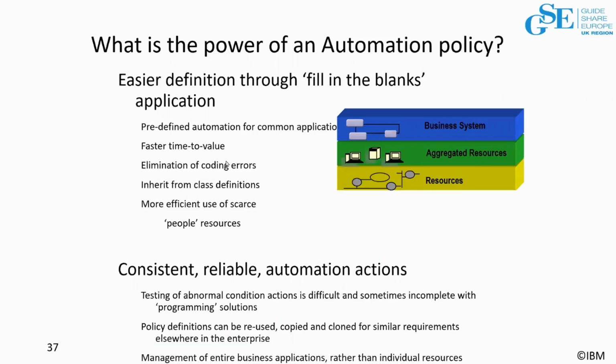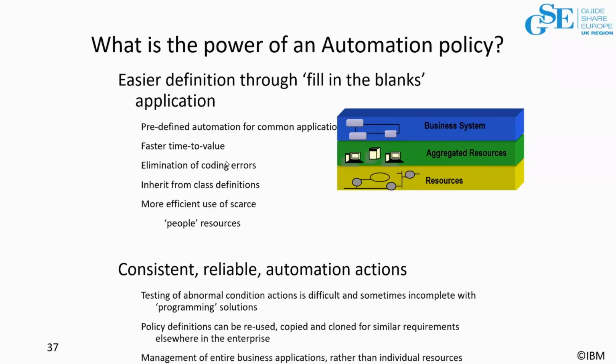You can create classes, and then when you define an instance, you can inherit lots of definitions from the class rather than define them over and over again. So overall, you're trying to make more efficient use of the scarce people resources. When I started years and years ago, we had hordes of people to do things.